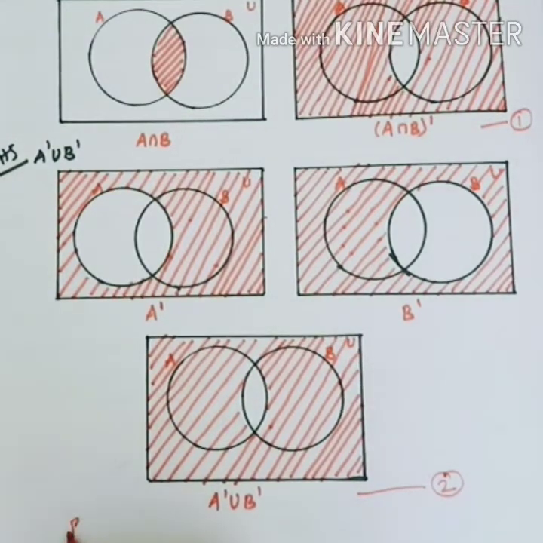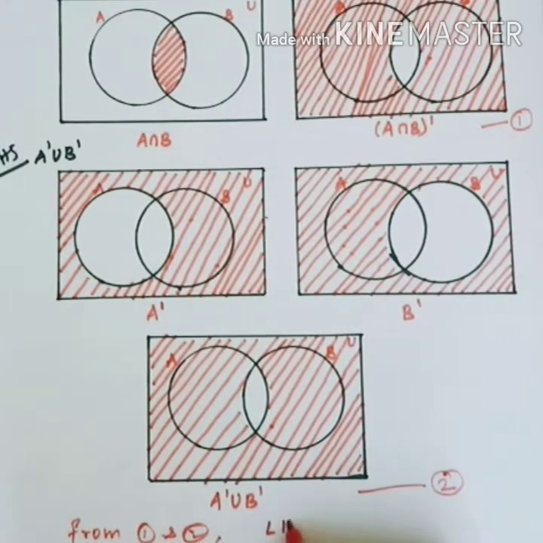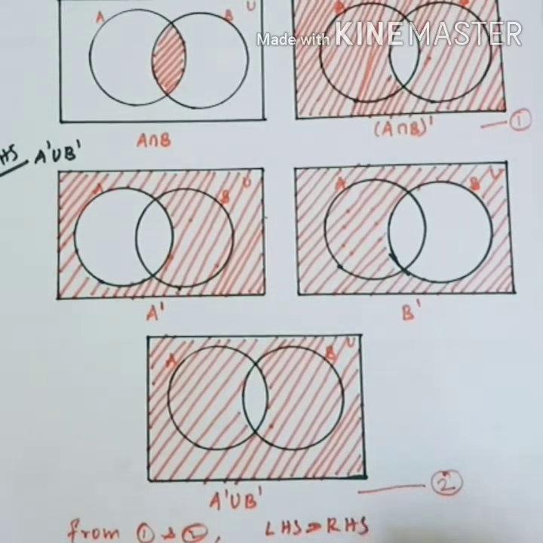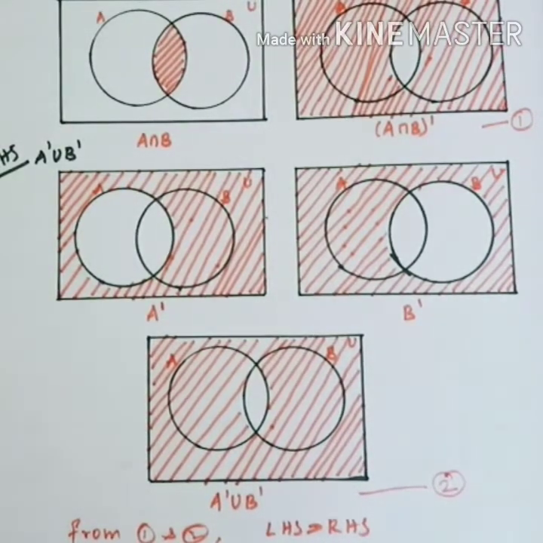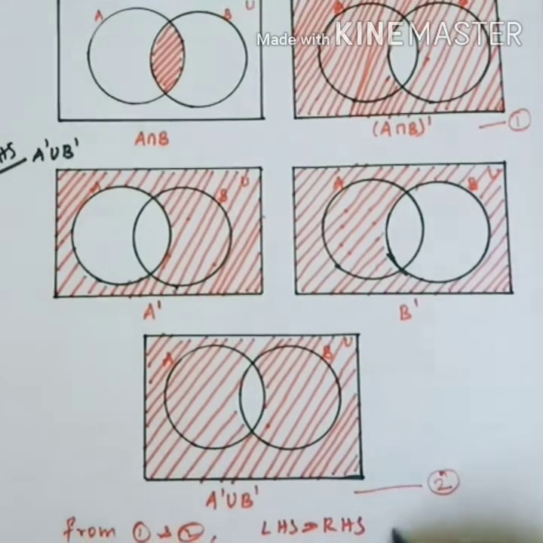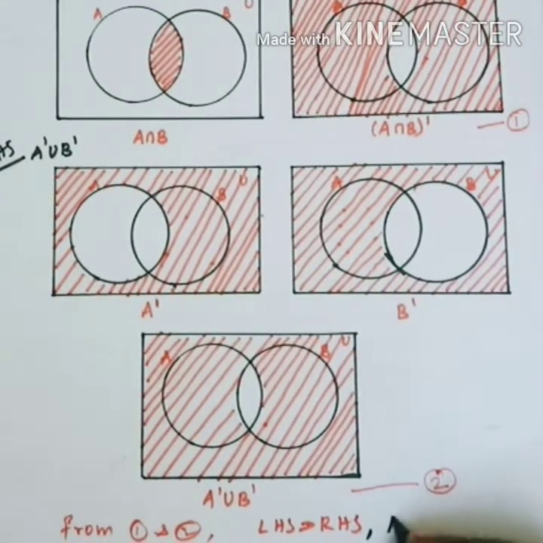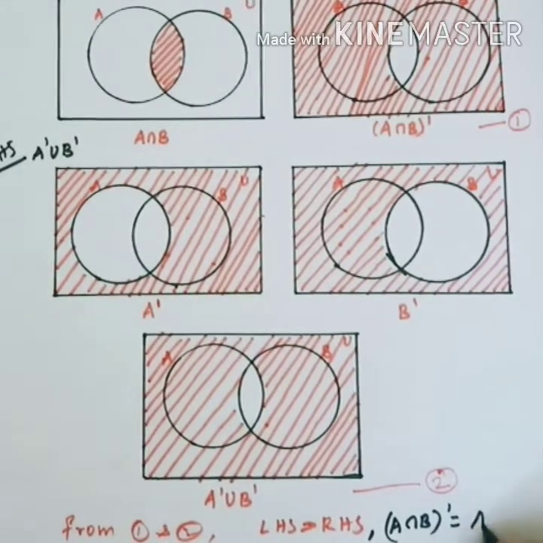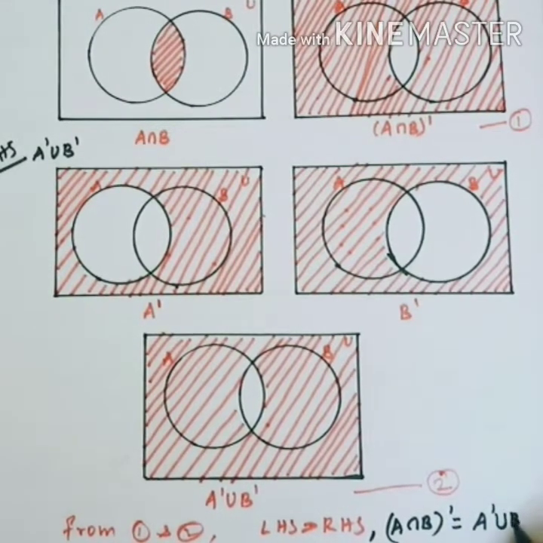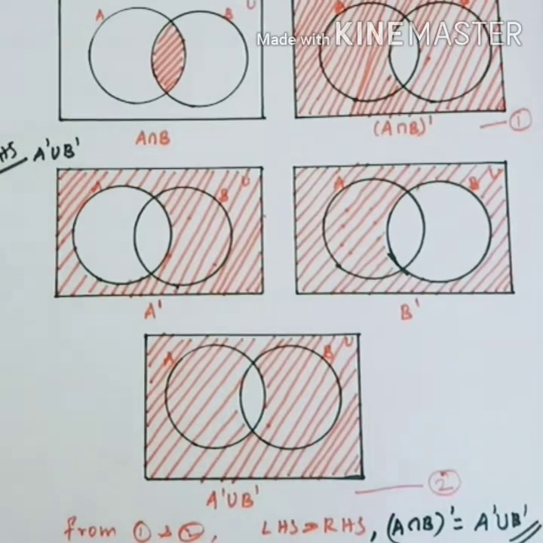So from 1 and 2, left hand side is equal to right hand side. Also, (A intersection B) dash is equal to A dash union B dash. Hence proved.